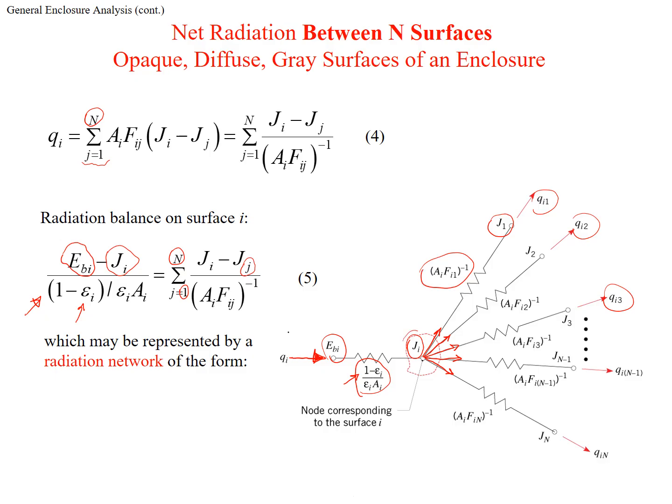There's also again Ji and J2. The difference between these two divided by their resistance is going to be this Qi2. Again, the difference between your Ji and this J3 is going to be your Qi3, and so on and so forth. We are going to look at an example to work with a circuit and see how we form a circuit for a radiation problem.